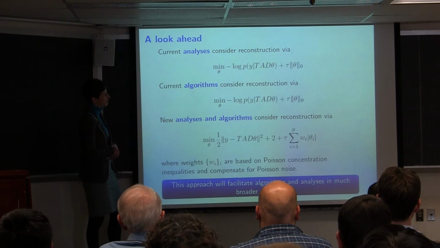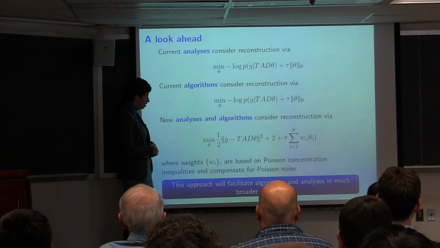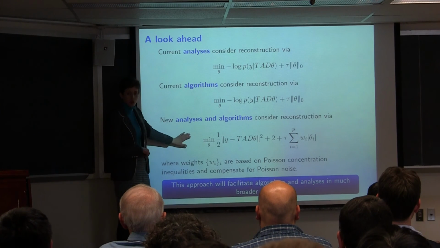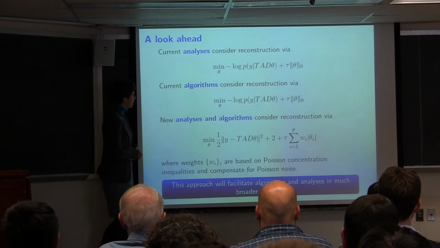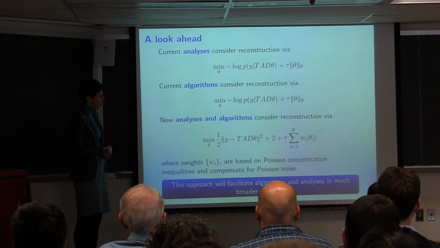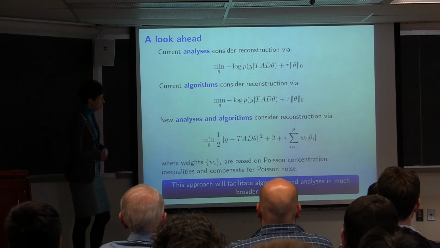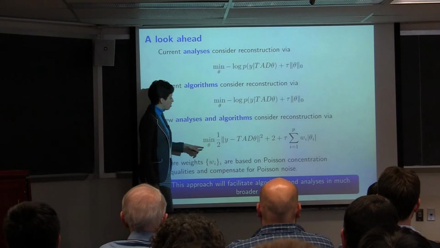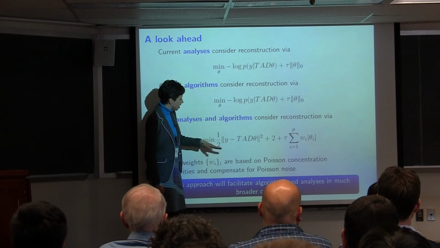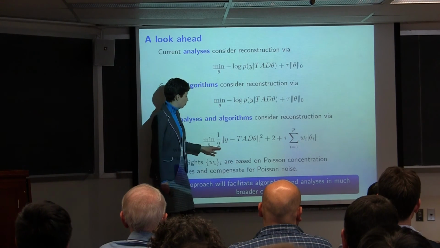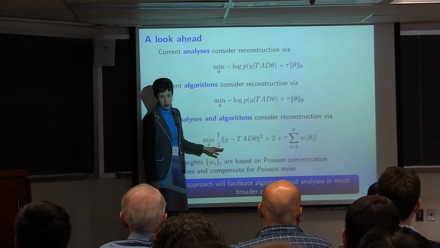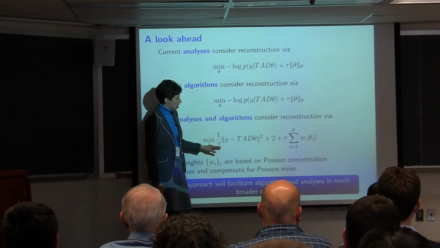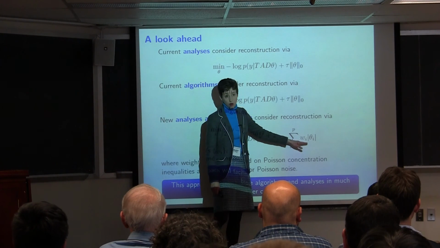We thought a lot about it, and it's very challenging to get around. So what I'm exploring right now is an alternative approach that's much more lasso-like. Instead of using the Poisson log likelihood, we just use a regular old squared error data fit term plus a weighted L1 norm.